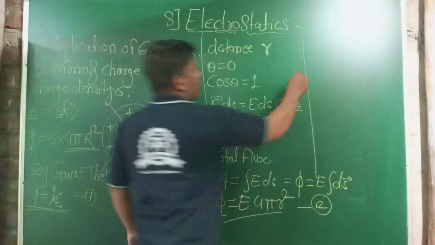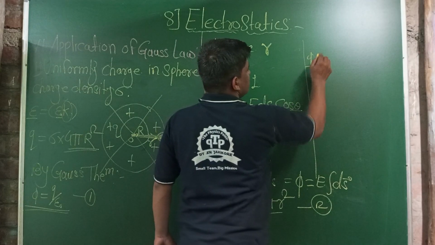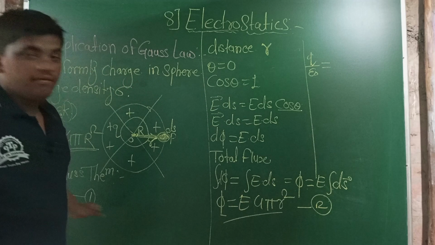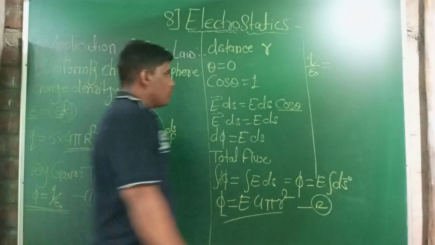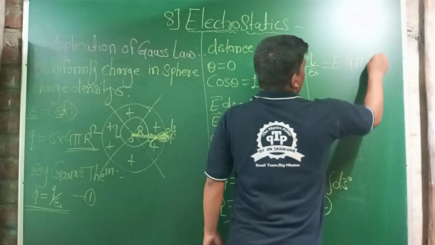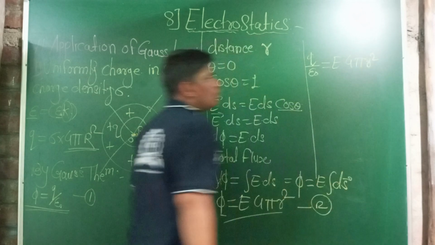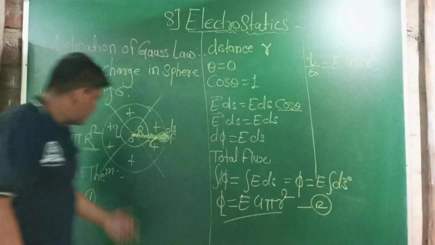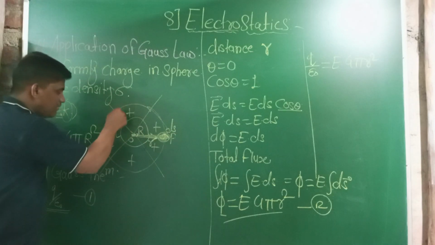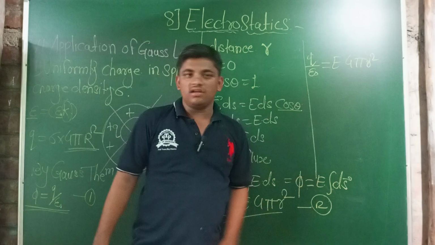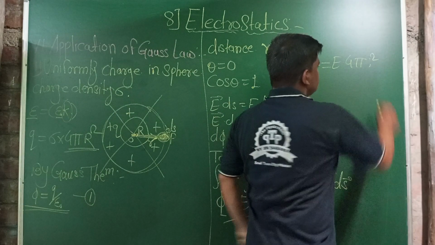It means the net electric charge Q divided by the permittivity of free space epsilon 0 is equal to the electric field intensity into 4 pi r square. This is the total area of the biggest sphere, and the area of this sphere is 4 pi r square. This is small r.